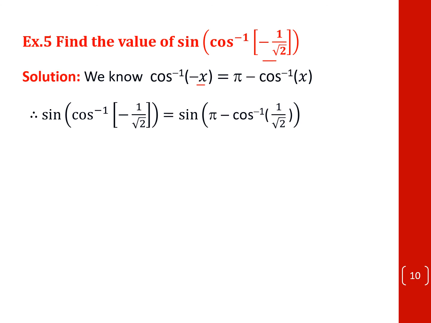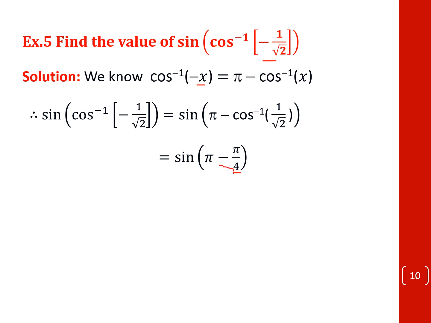Now student, cos has value 1 by root 2 at which angle? That is at pi by 4. Therefore cos inverse of 1 by root 2 we will substitute as pi by 4. So equal to sine of pi minus pi by 4.